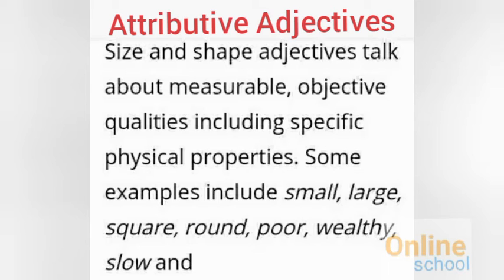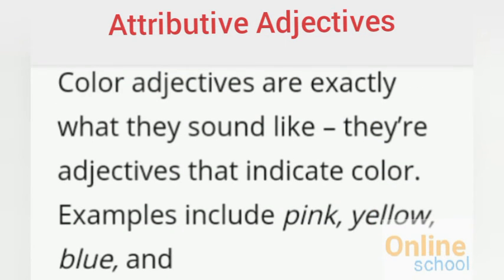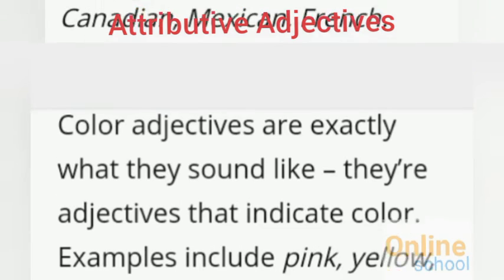Some examples include small, large, square, round, poor, wealthy, and slow. Color adjectives are exactly what they sound like. There are adjectives that indicate color. Example: pink, yellow, and blue.